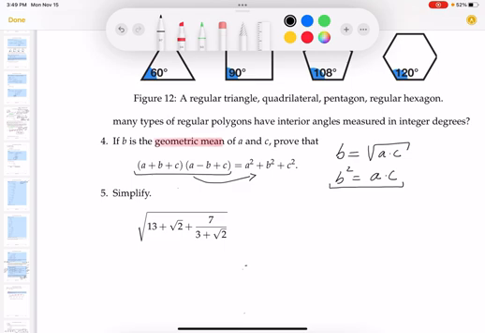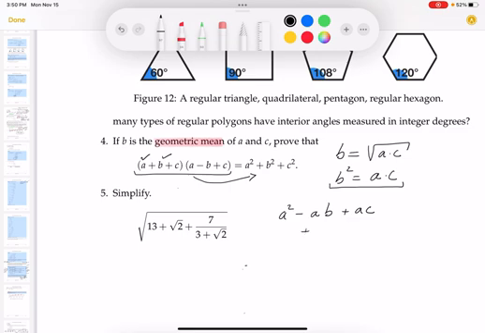Let's write this down. I'm going to take the left side and multiply it out. So what do you get? A squared. I'm taking the A now. Minus AB. And then plus AC, right? And I'm going to take the B. And what do you get?